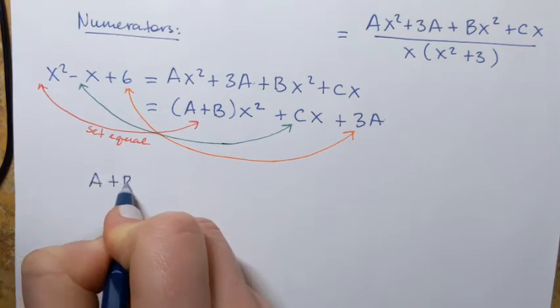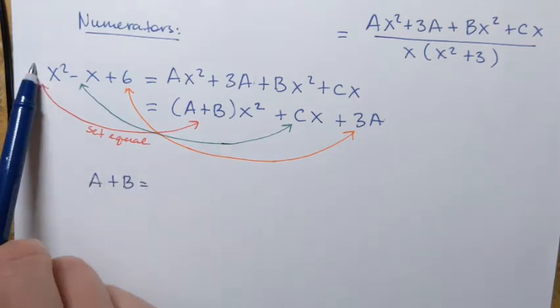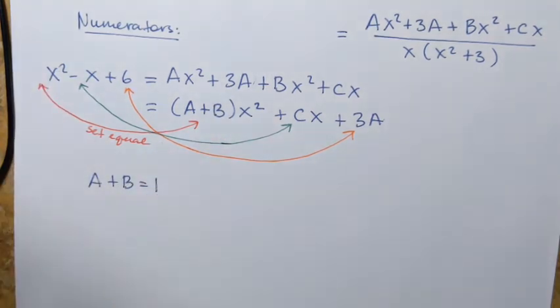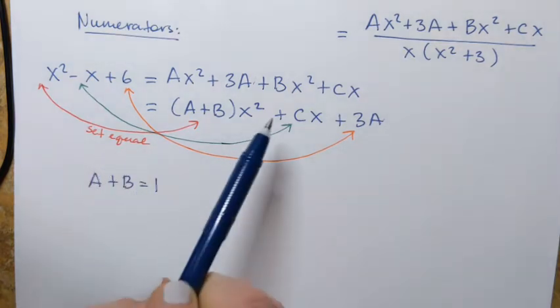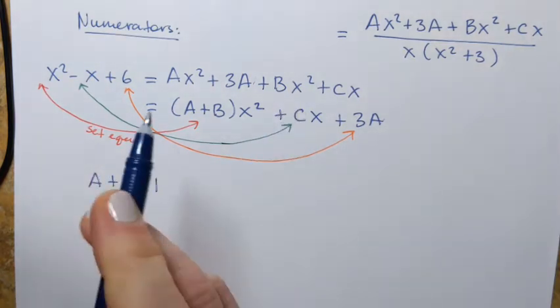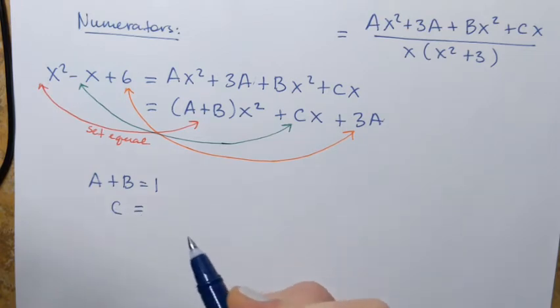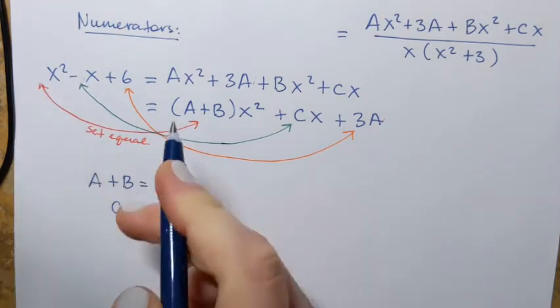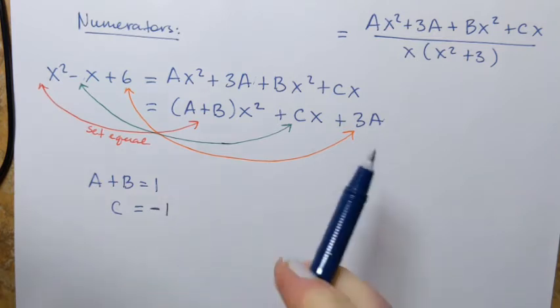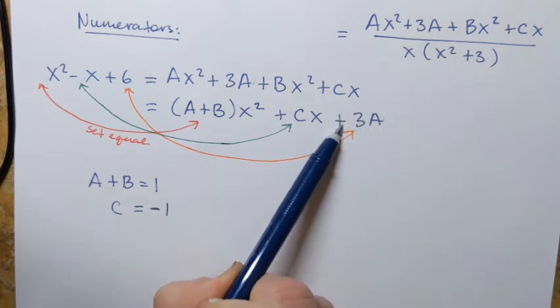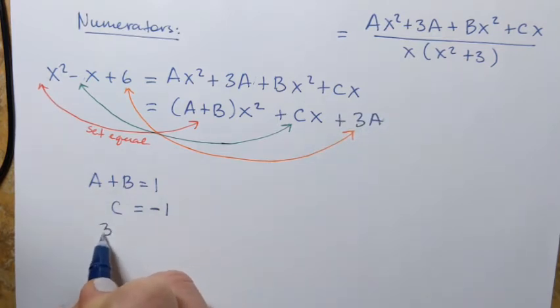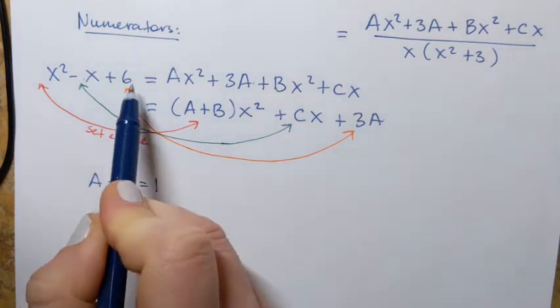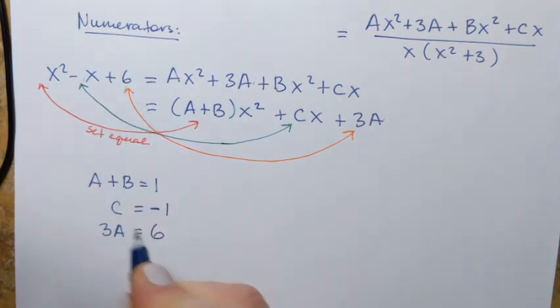A plus b equals, now what is the coefficient here? It's 1. A plus b equals 1. Then the coefficient of x here is just c, so it's going to be a pretty easy system to solve in this case. It equals the coefficient of x on the left hand side, so it's negative 1. And then the constant 3a equals the constant on the left, that's 6.